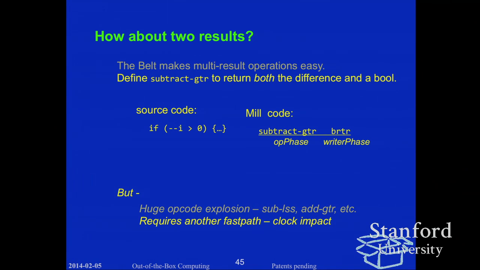An implementation of this would require the addition of another fast path in the actual encoding. The actual mechanism passes data back and forth. That has clock impact. Don't worry about the details. That gentleman up there next to the camera can explain all about it, but he's the hardware guy that can do so. But fundamentally, there's good hardware reasons why you don't want to do this. So that isn't going to work.